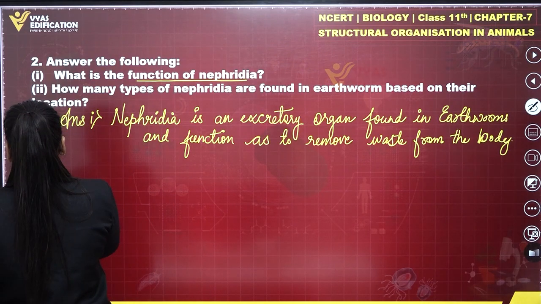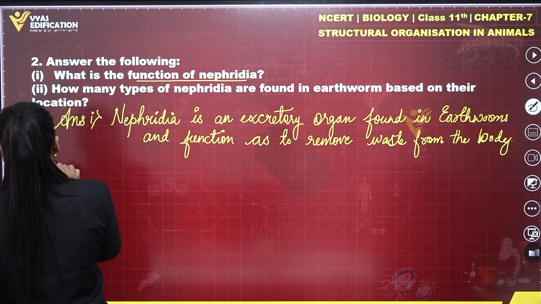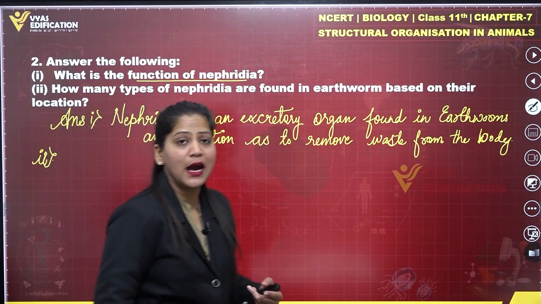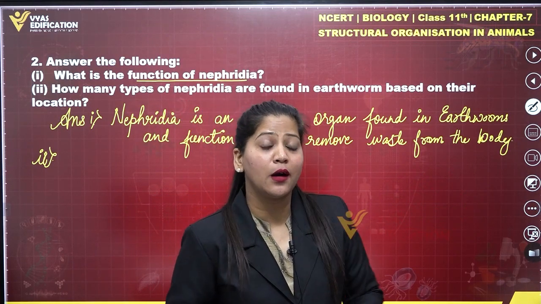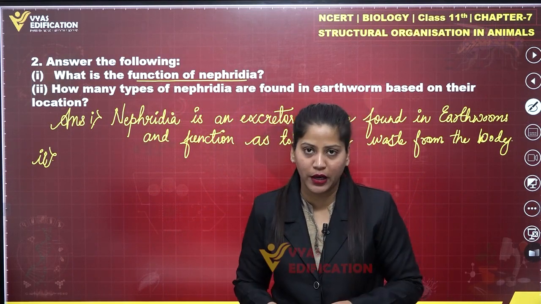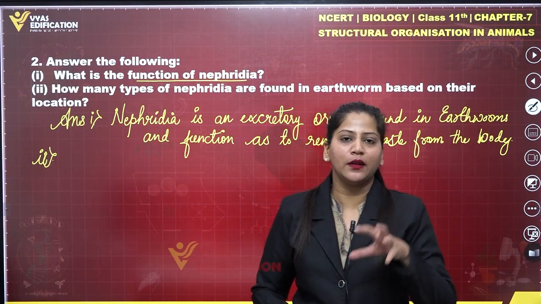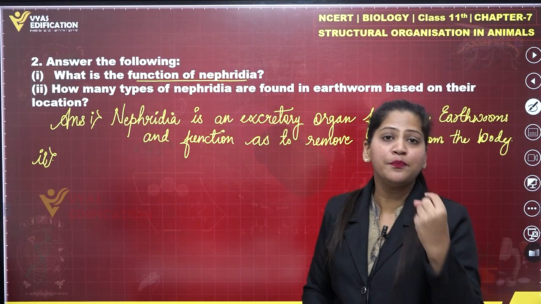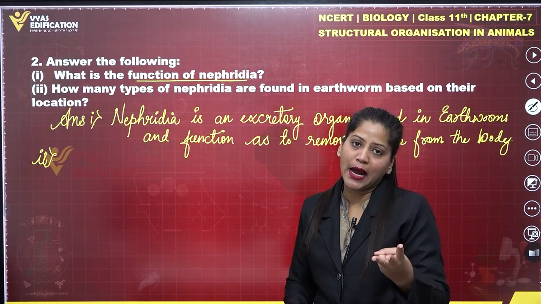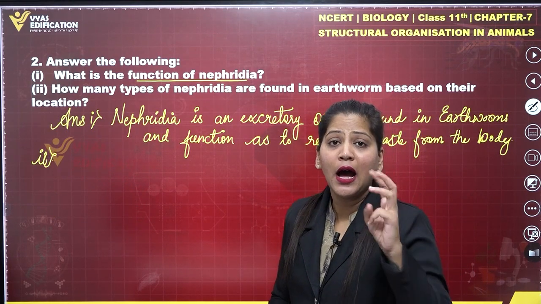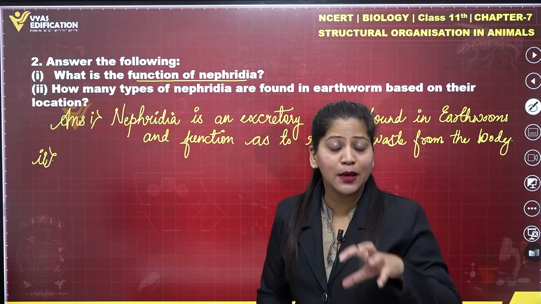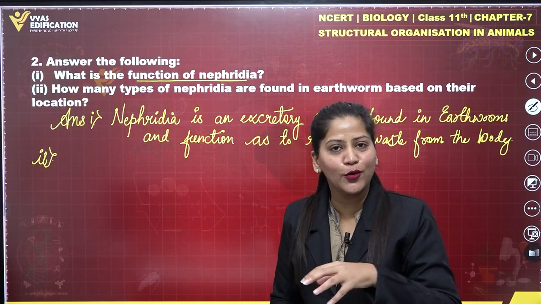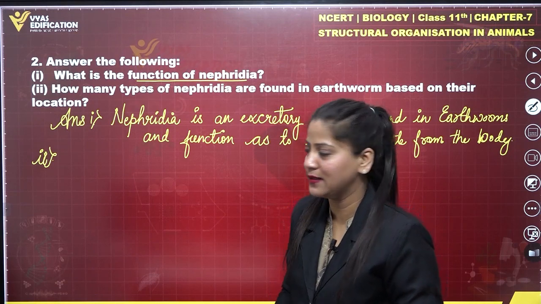Moving on to the next part of question number 2, that is how many types of nephridia are actually found in the earthworms based on their location. We know that based on the location we have 3 types of nephridia: the septal nephridia, integumentary nephridia and pharyngeal nephridia. Along with the names of these types, we are going to talk about their locations as well.